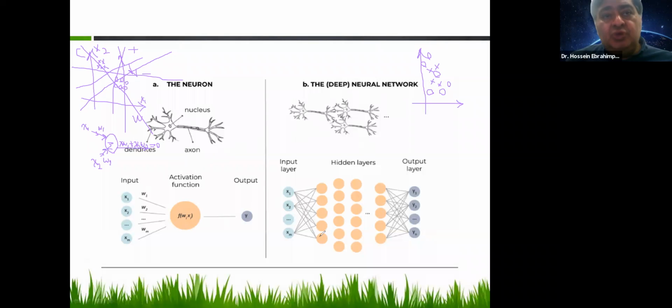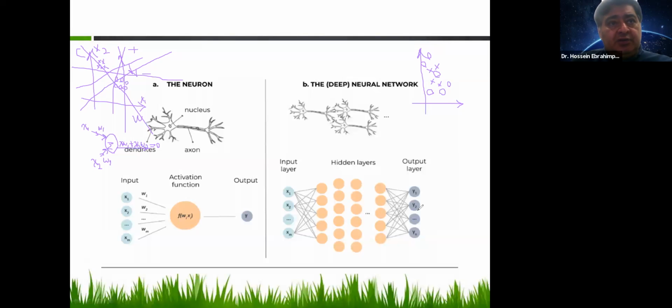You have some neurons here, some neurons in the next stage, some neurons in another stage, until you get the outputs. So in that system, you have two different layers for the system.